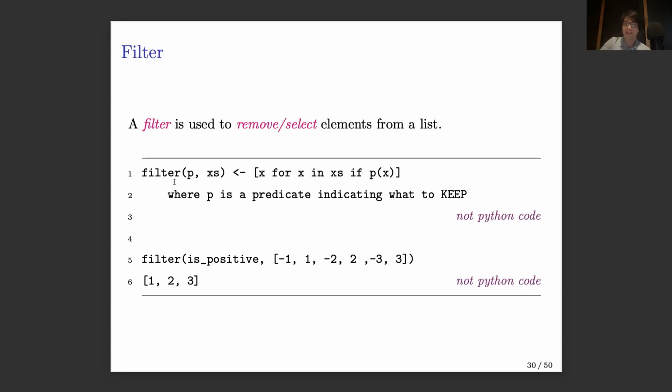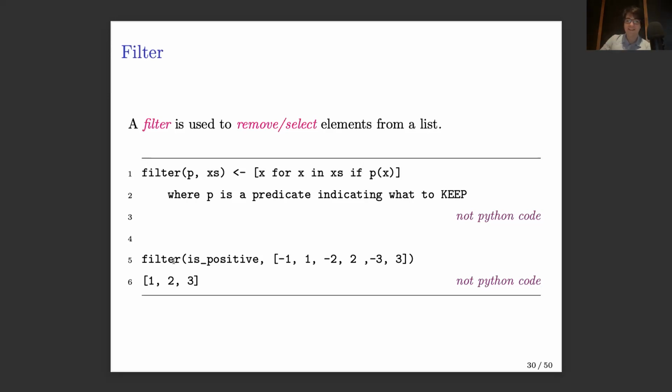It works like this. Filter, given some p, some proposition, that is some univariate function that evaluates to either true or false, like greater than. You give it something iterable, and it says x for x in xs if p(x). That's the equivalent in the list comprehension.